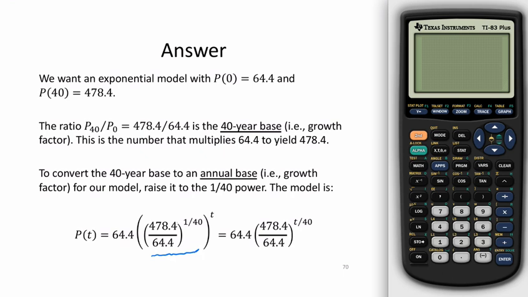That's my B value. That's taken to the t power and then multiplied by 64.4 to give me my model. This model is written in the form A times B to the t. All right? So that's one way I could write the model.